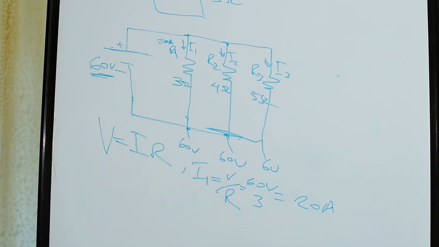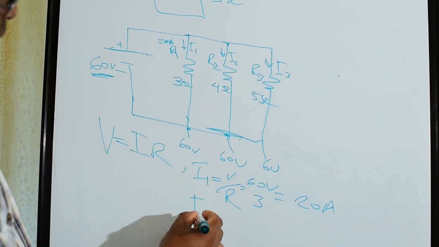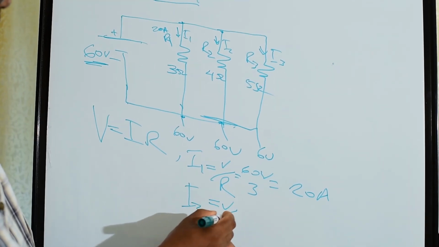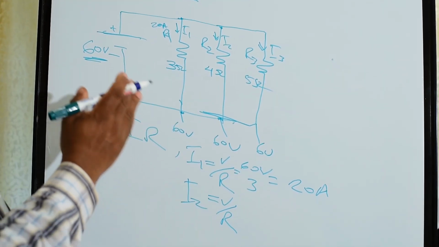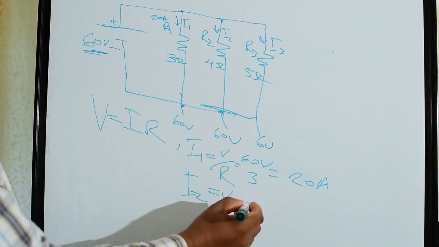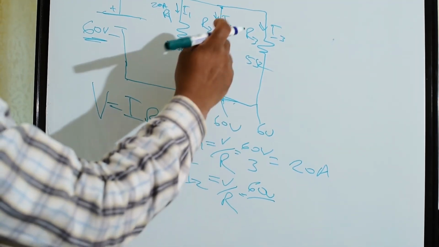Let's see I2. The formula is the same, Ohm's law: voltage over R. As I said, in a parallel circuit, the voltage is the same in each branch. So we have our 60 volts divided by our resistance, which is 4.